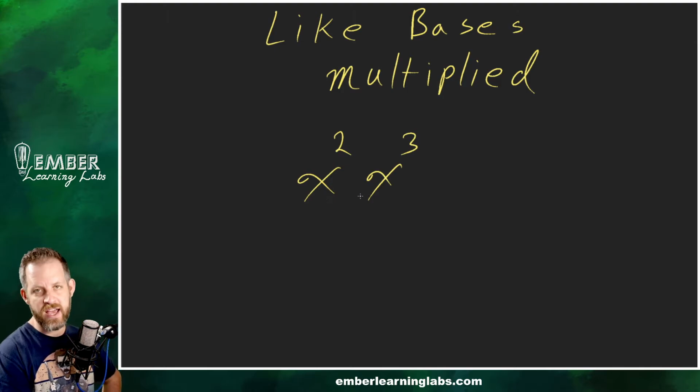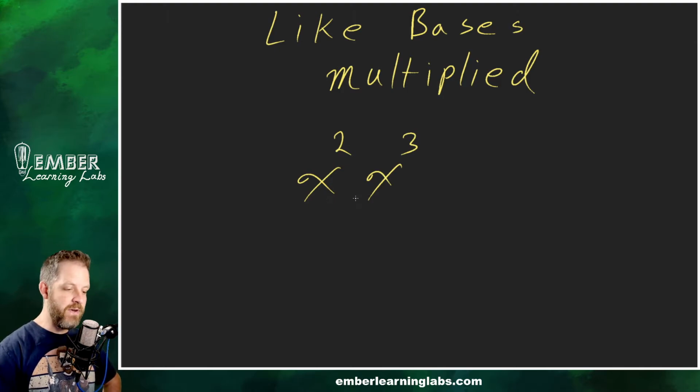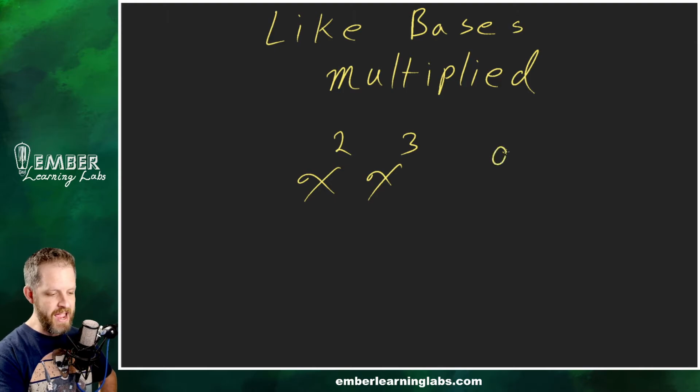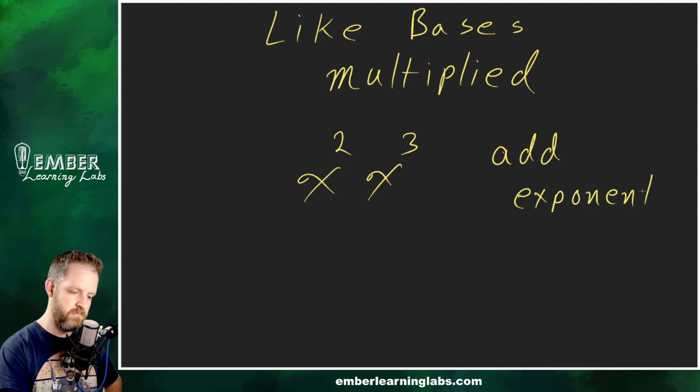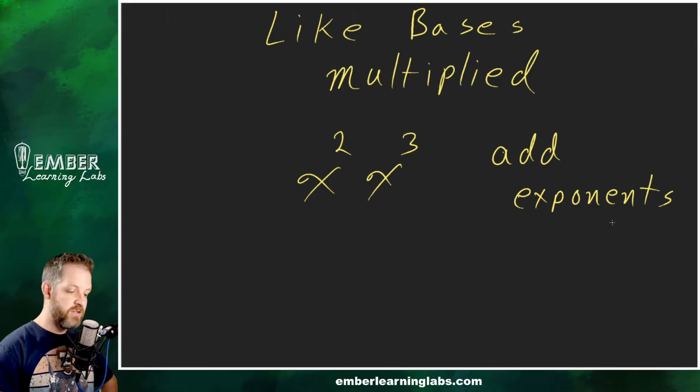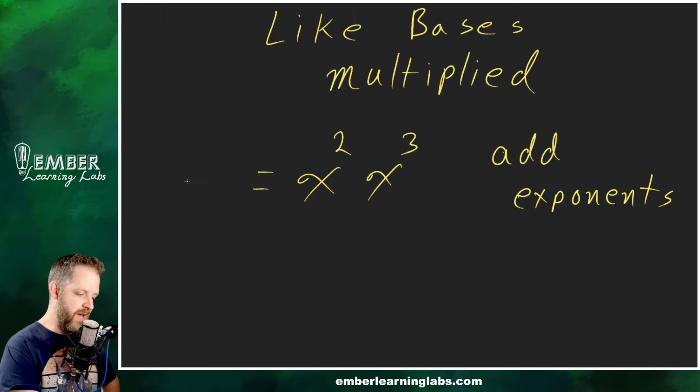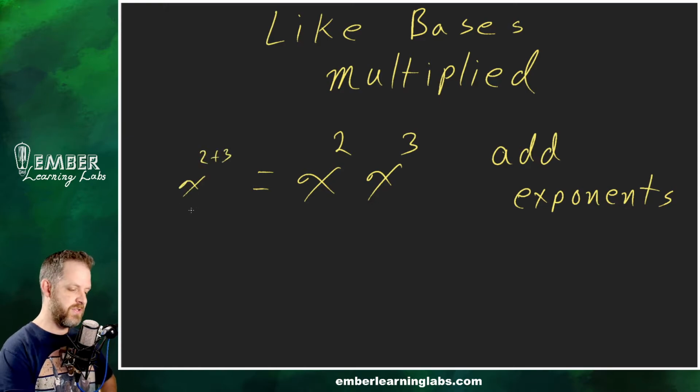See, the bases are the same. The exponents don't have to be. If we have like bases multiplied, then we add the exponents. So in this example, it would be x to the 2 plus 3, which is the same as x to the 5th.